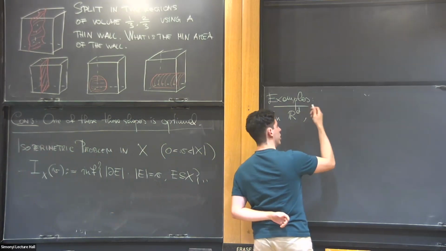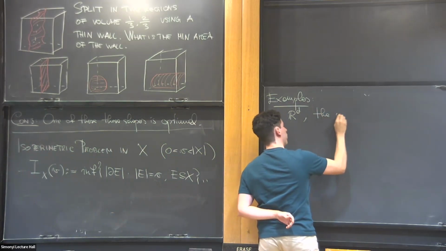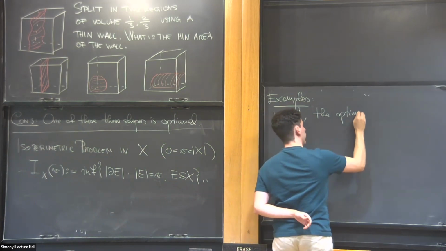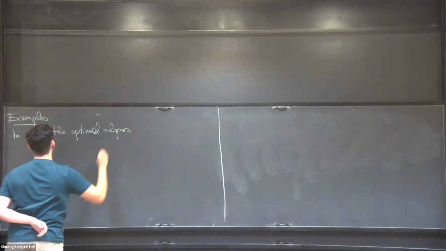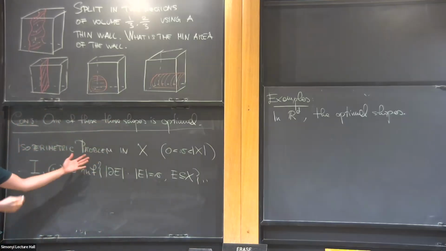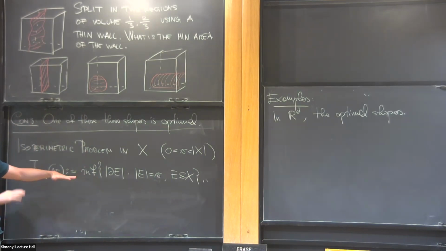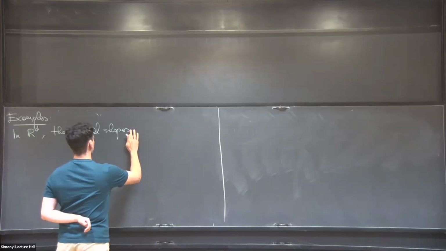This is very well known. The optimal shapes, and when I say optimal shape, I mean the shape that achieves this infimum, and in particular, you can prove that this infimum is a minimum more or less in all settings, are balls.